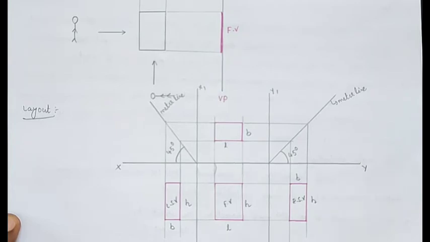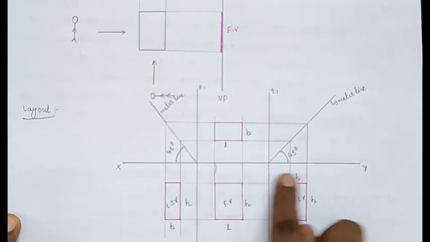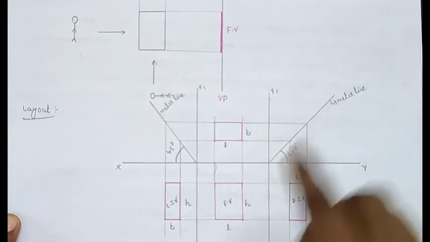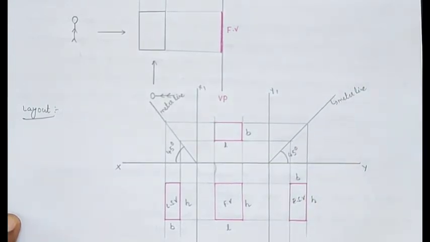For that, I will draw another reference line from the front view, taking 10 to 15 mm distance, X1 Y1, at the right hand side and also at the left hand side. This XY and X1 Y1 line will intersect at one point, and from that point we will draw the miter line at an angle of 45 degrees.